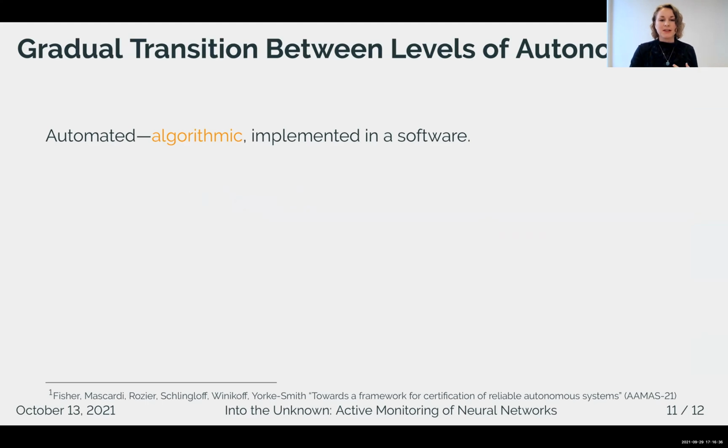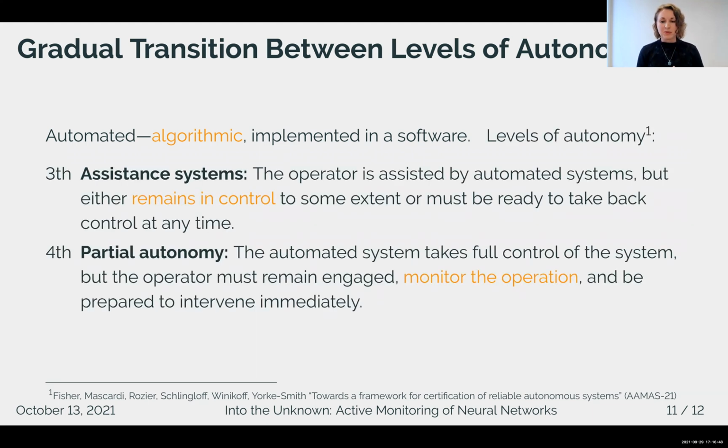And just very quickly, what we would like to do with it. We all know that automation or autonomy means that there is some algorithmic part, software, implemented and deployed in the system. And there are various stages of autonomy that have been identified. It can be assistance systems, where the operator is assisted by the automated system but remains in full control and can intervene anytime.